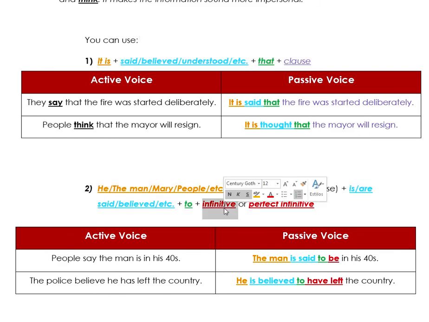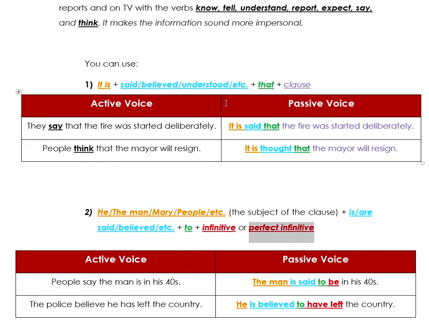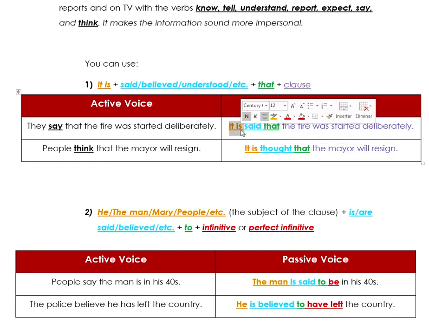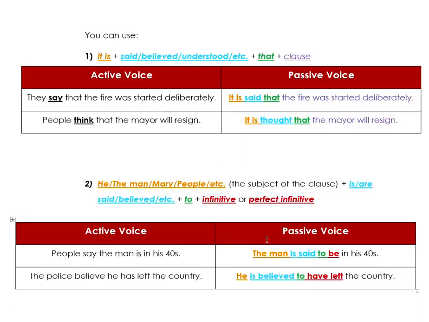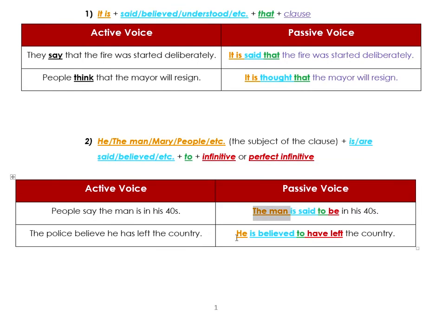Recuerden cuando utilizamos un infinitive y cuando utilizamos un perfect infinitive. Si a ustedes les piden pasar una oración activa a voz pasiva, generalmente se les va a dar el principio. Entonces, si ustedes se encuentran con it is, tienen que utilizar esta forma. Ahora, si se encuentran con algún sujeto, van a tener que utilizar la segunda forma.